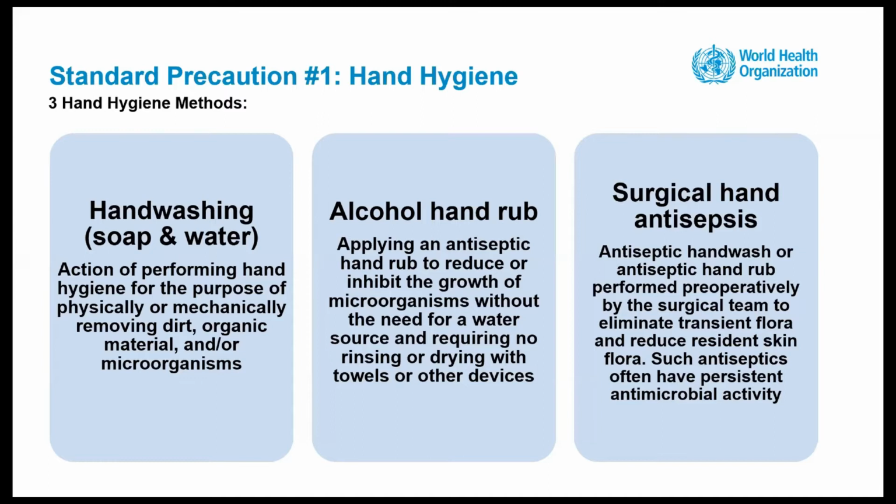The difference between that and the utilization of, say, an alcohol-based hand rub is that hand rub actually reduces or inhibits the growth of microorganisms on the hand by killing them directly upon contact with the alcohol solution, which is also a different mechanism of action than surgical hand antisepsis, which is actually the complete removal of any and all transient flora on the hands to make sure that the hands are sterile before we go into a surgical theater setting and then perform a sterile technique.